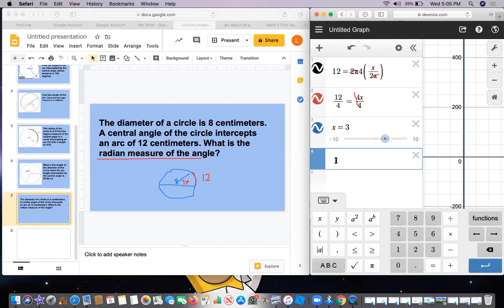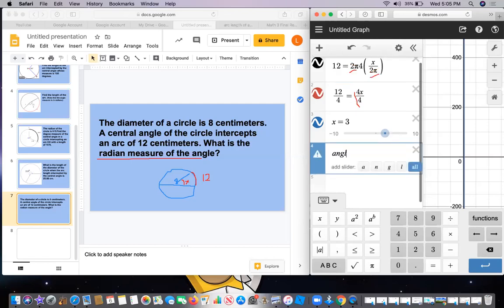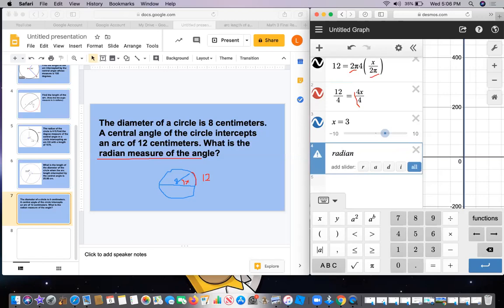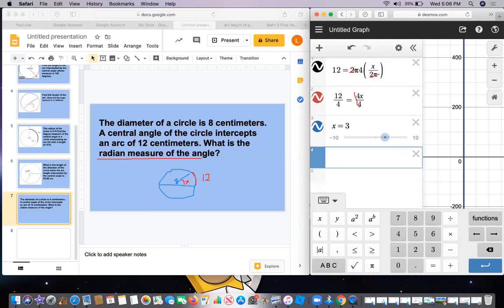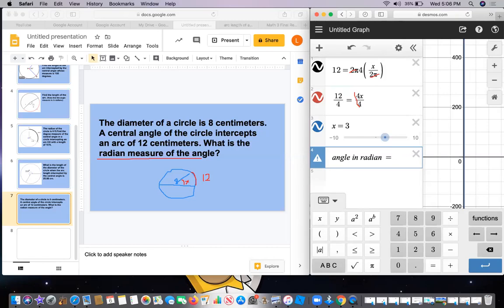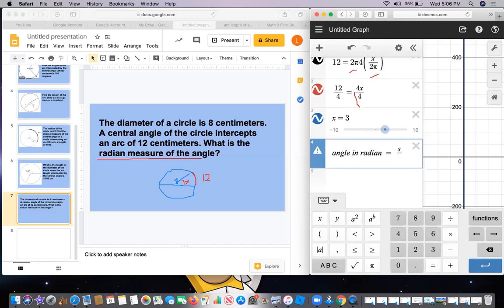That's it. So the angle in radian form is equivalent to S, the arc length, over the radius.